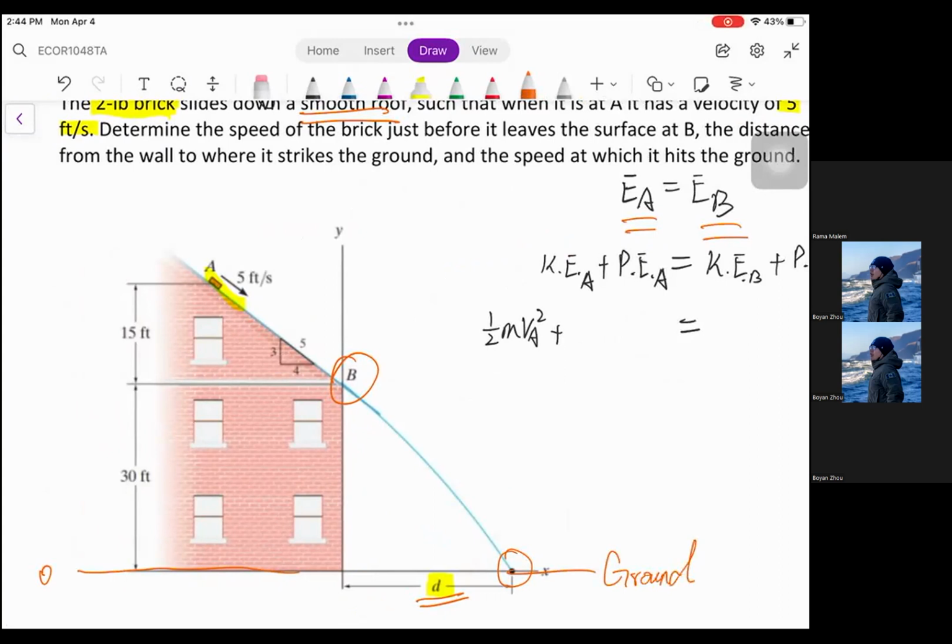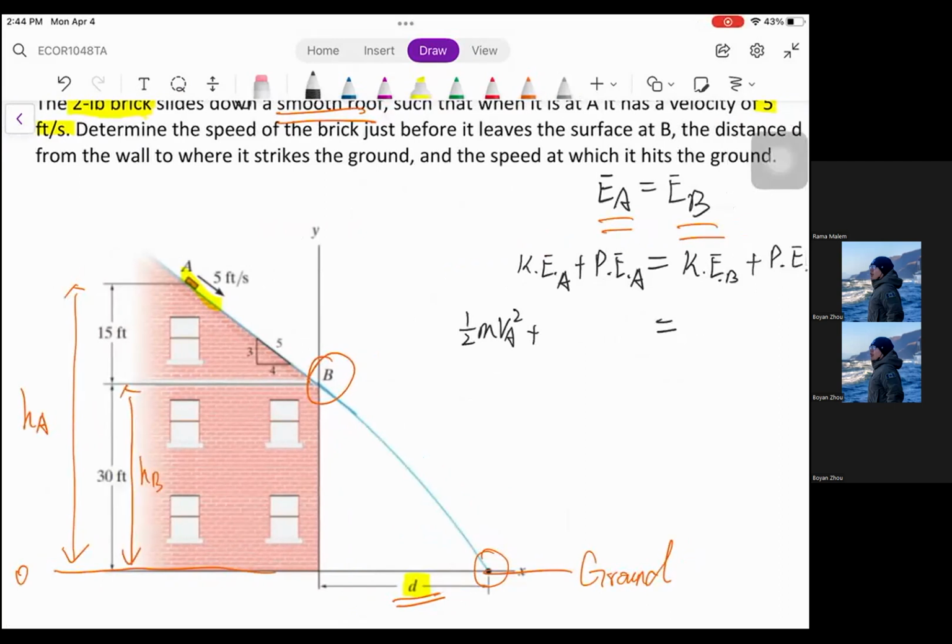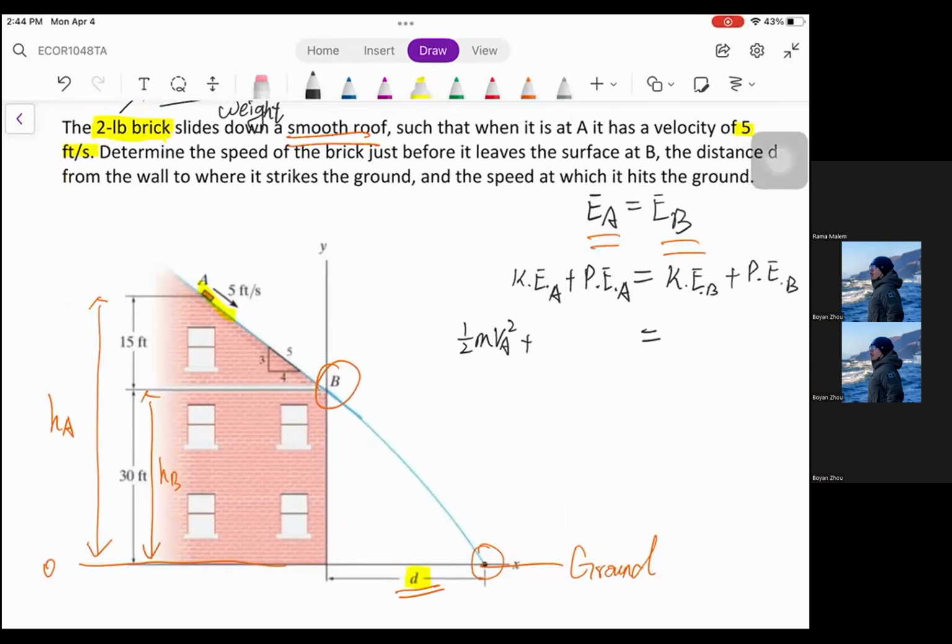At location A, that is h_A, and this one is h_B. The equation for the potential energy is the mass times the gravitational acceleration times the height.